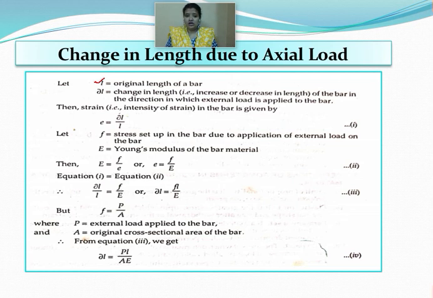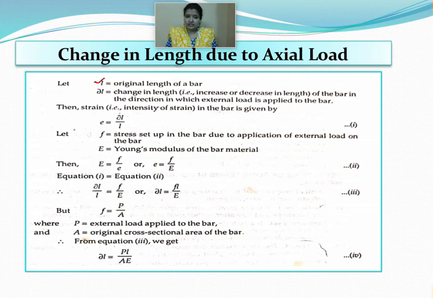If you are going with a tensile load, then obviously there is an increase in length. But if you apply a compressive load, then obviously there is a decrease in length. So you have to be very sure whether you are going with the increase in length or the decrease in length.